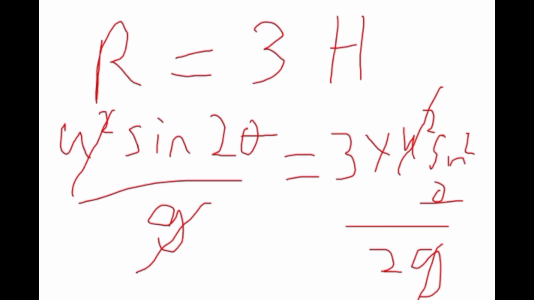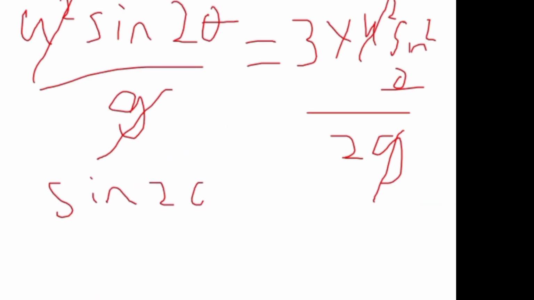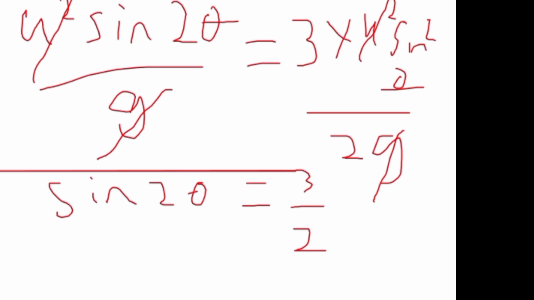Remember, you have to use the shortest means because it's CBT. You need to be very fast. So we are left with sine 2 theta is equal to 3 over 2 sine squared theta.